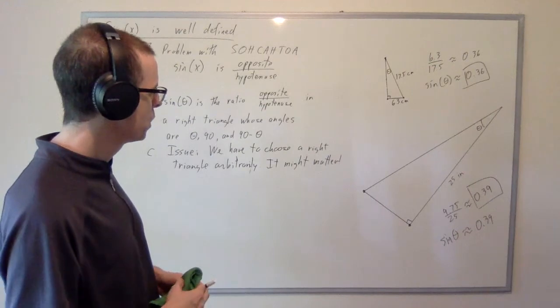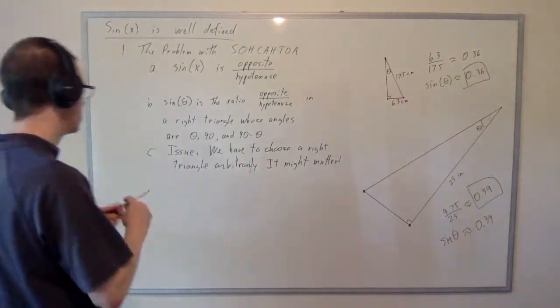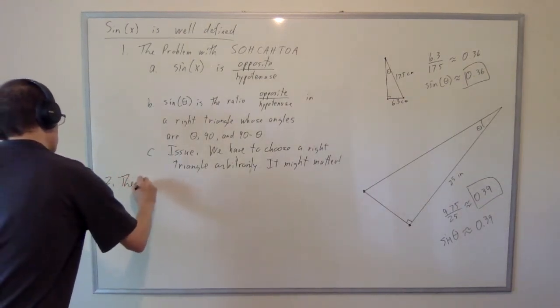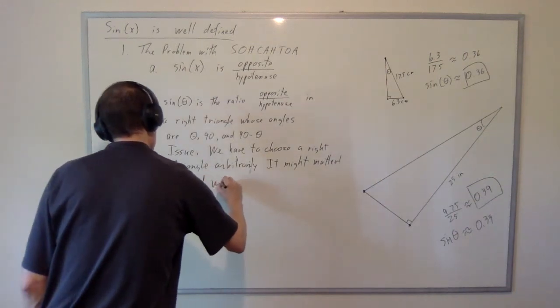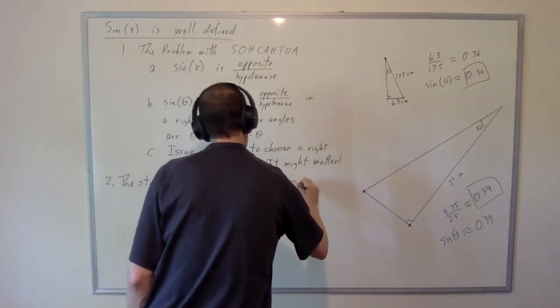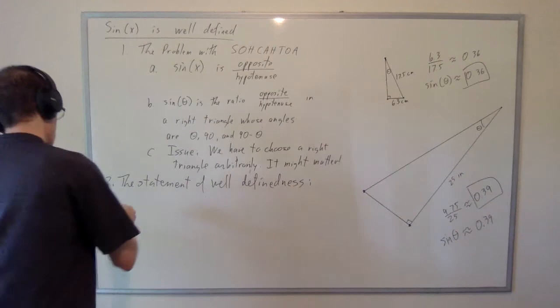What we need to do is state and prove the well-definedness here. So let's try to rescue ourselves from this situation. So the statement of well-definedness. What does it mean for this thing to be well-defined after all?